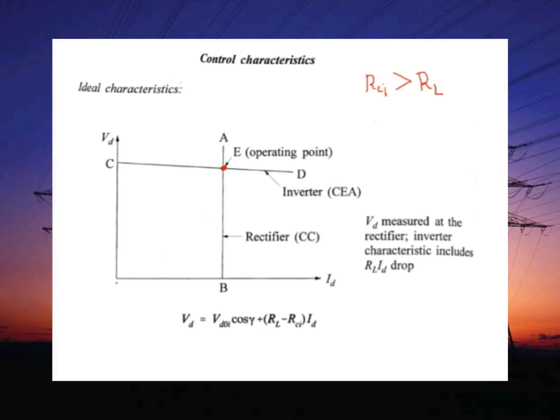The rectifier's characteristic can be shifted horizontally by adjusting the value of the current command or current order, ID.